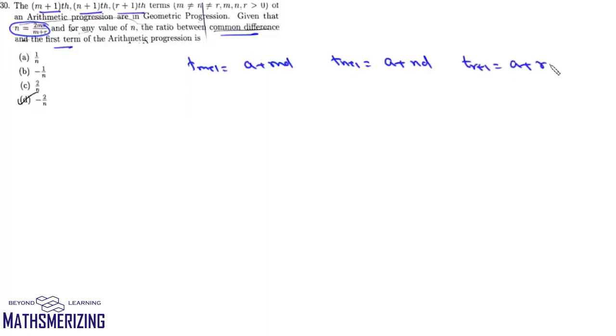Now question number 30 is, if m plus 1, n plus 1 and r plus 1th term of an AP are in GP, it is given that n equals 2mr upon m plus r, then we need to find ratio between common difference and first term. So we'll write m plus 1th term will be a plus md, n plus 1th term will be a plus nd, and r plus 1th term will be a plus r into d.